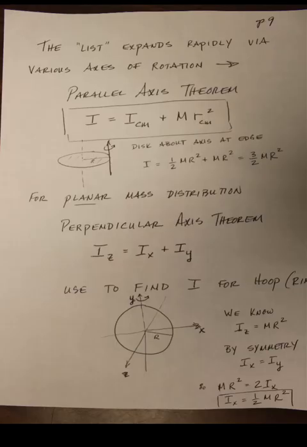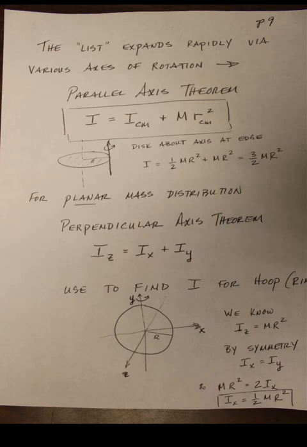Last thing for this set of notes, the list of moments of inertia can expand rapidly when we think about all the various axes of rotation. And to accommodate our calculations, we'll use the parallel axis theorem, which I'm not going to prove here.